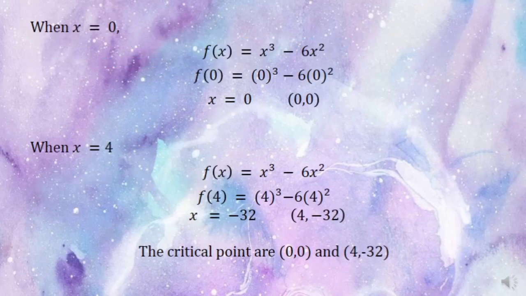Next, for the critical points, using the critical number x equals 0, we substitute the value of x into the function f(x) equals x cubed minus 6x squared. Do the same step for x equals 4. The critical points are (0, 0) and (4, -32), as shown in the slide. Then we proceed to sign analysis.